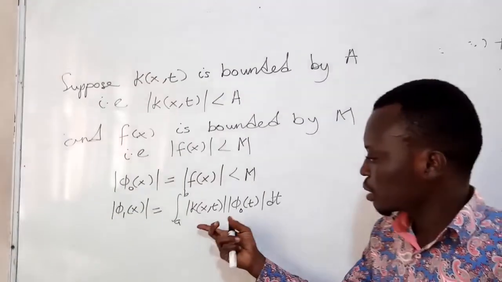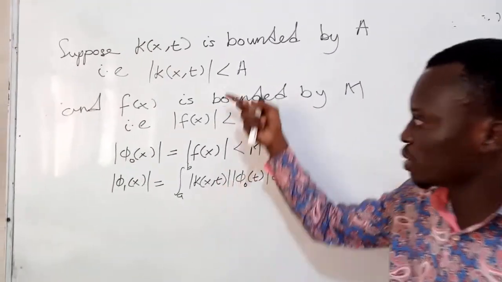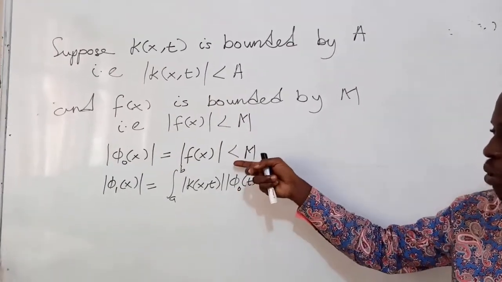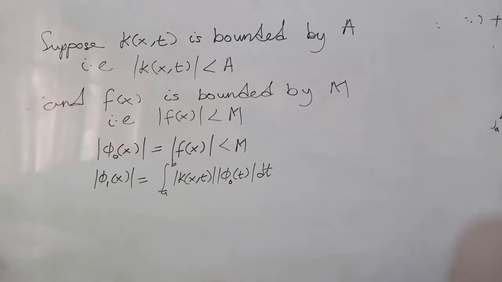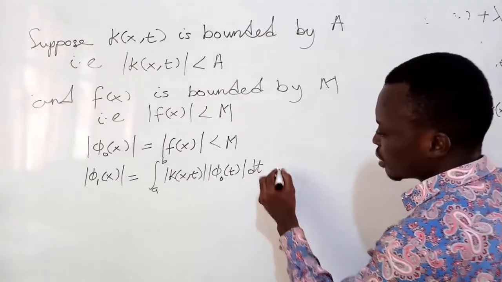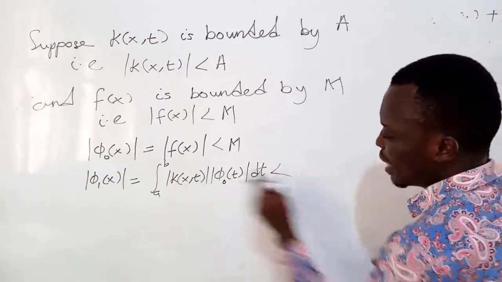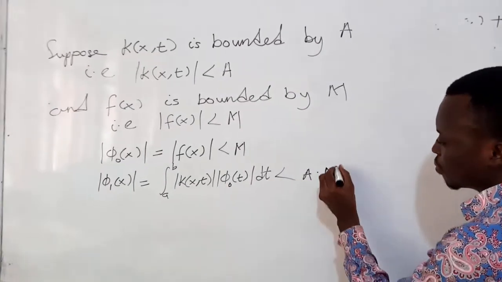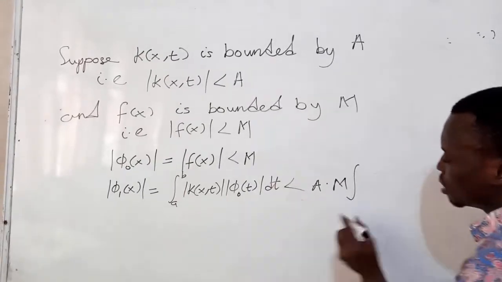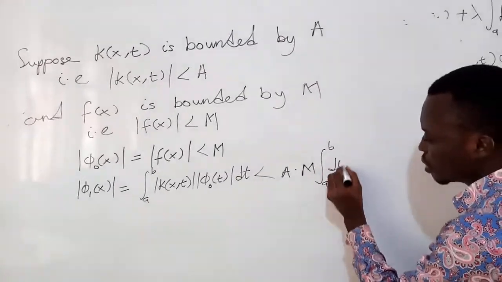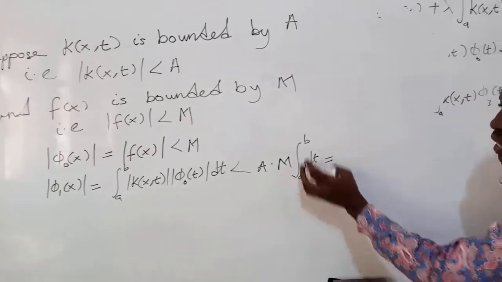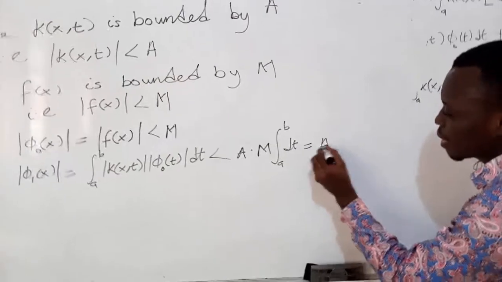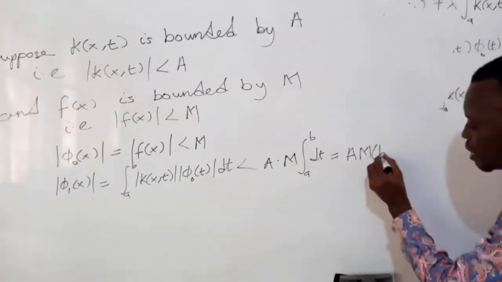Now we said that the kernel is bounded by A, and phi naught of t is bounded by M. This implies that this will be less than A times M, integral from a to b dt. If you integrate this, you get b minus a, so A M times (b minus a).